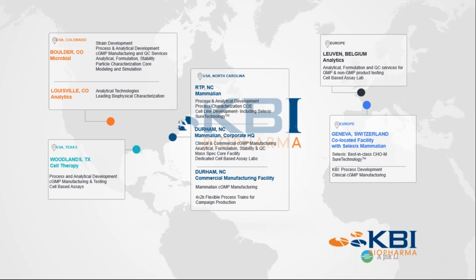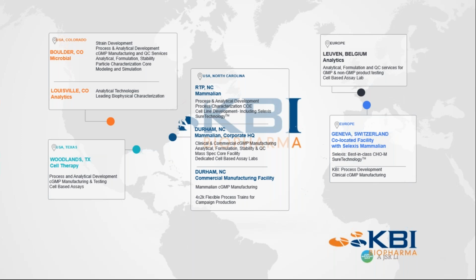And very soon, we are going to have a commercial manufacturing facility also in Durham, which is going to be dedicated to the mammalian GMP manufacturing. In the US, we also have a couple of other locations in Colorado, at Boulder and Louisville, and our cell therapy group works out of the Texas site.